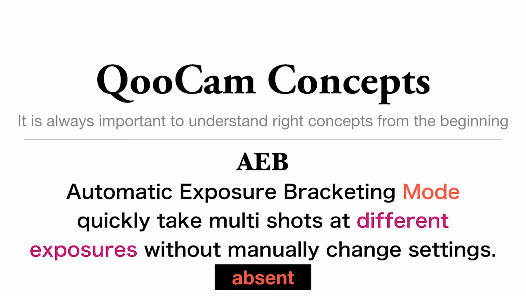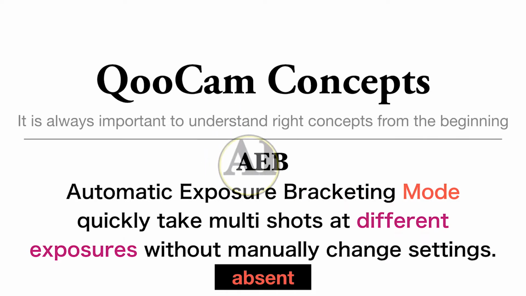The next concept is AEB, which stands for automatic exposure bracketing. This is a shooting mode. On many cameras, we have AEB mode, which means you can quickly take multiple shots at different exposures without manually changing settings.